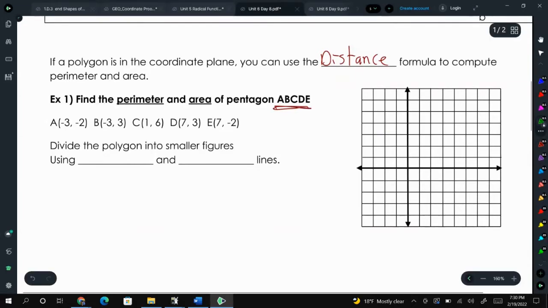So let's plot these points. A is -3, -2. Here's A. B is -3, 3. C is 1, 6. D is 7, 3. And E is 7, -2. There's E. So we can connect these.